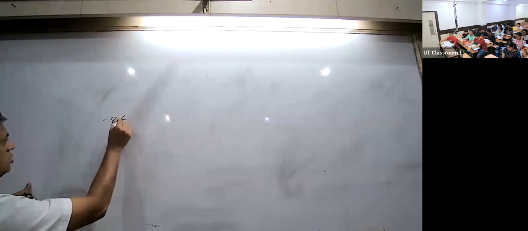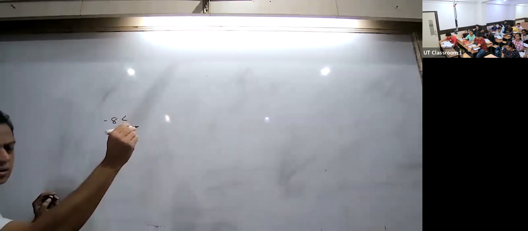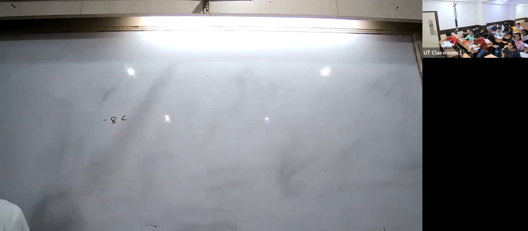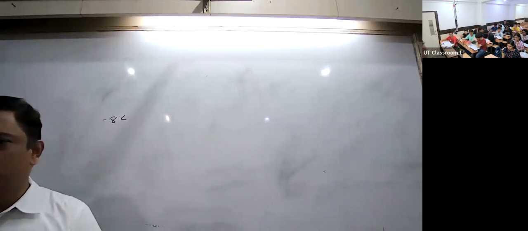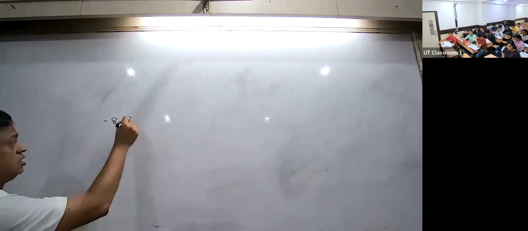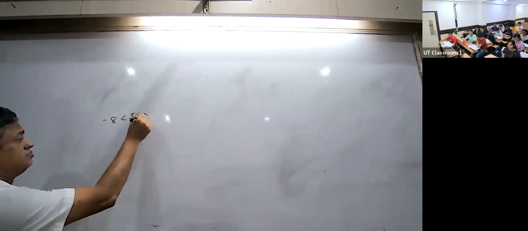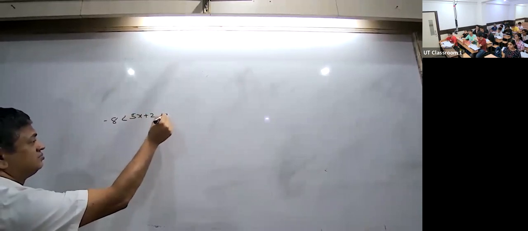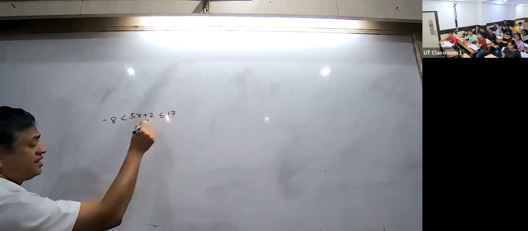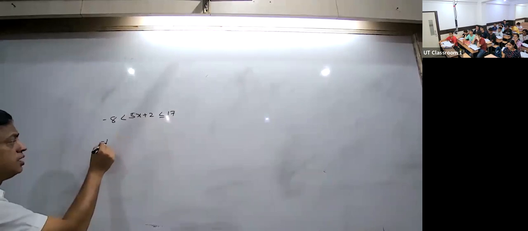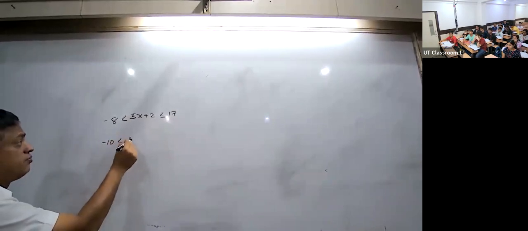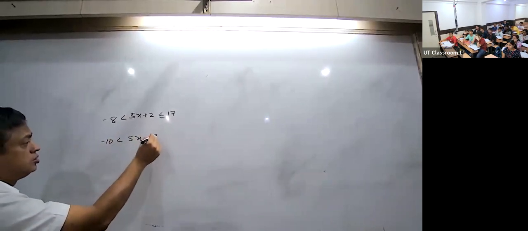Minus 8 less than 5x plus 2 less than or equal to 17. Directly you can do it. Subtract 2. That will give us minus 10 less than 5x less than or equal to 15.